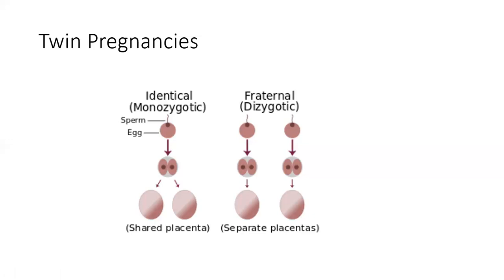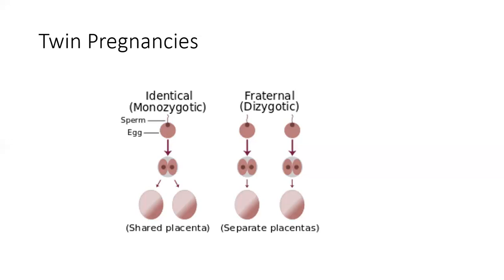So with identical twins, you'll find that you would have two boys or two girls, because they have the exact same genetic makeup. Now with fraternal twins, this can happen in a number of different ways, but basically you have two egg cells that were released. Because you have two egg cells, both of them can become fertilized by a sperm cell.